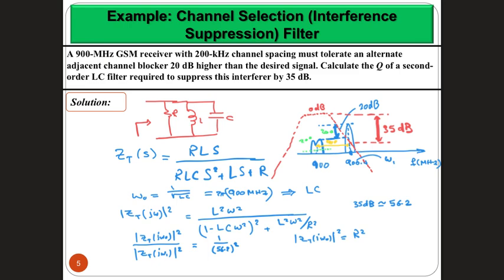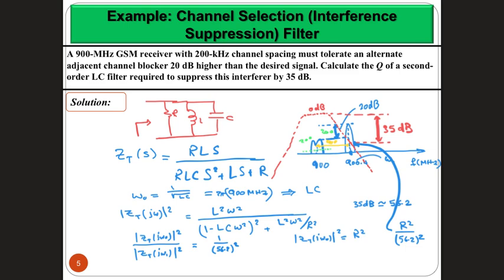So what I want to achieve in terms of gain, the power gain of the filter, is simply this maximum value, R squared, divided by 56.2 squared. So this is basically the value of the gain at this point.